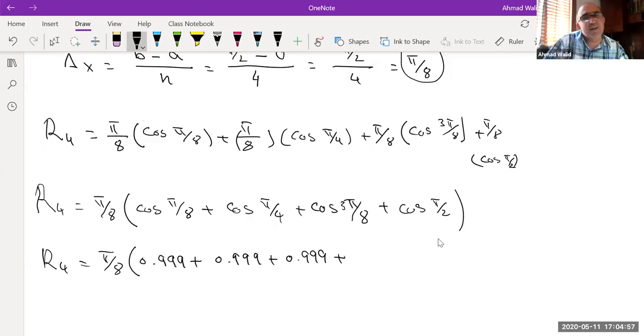Plus cosine of pi over 2, definitely, I know this one. Add these numbers, please. 2.997, right?